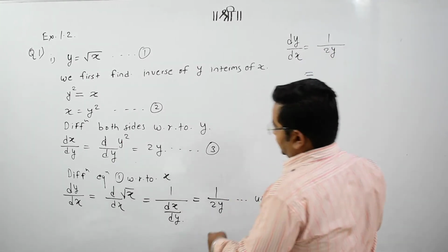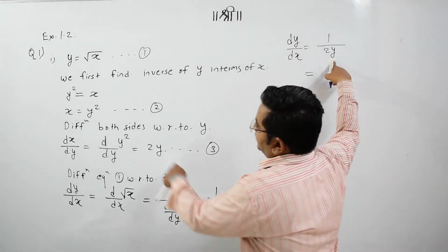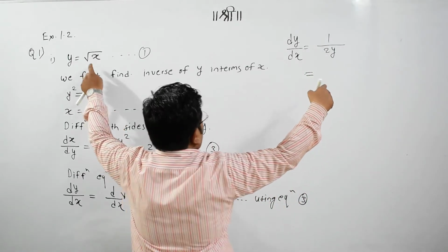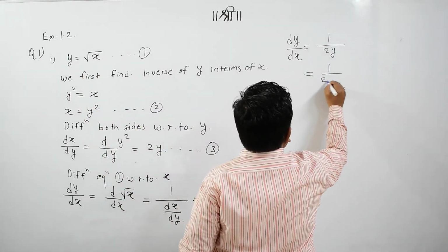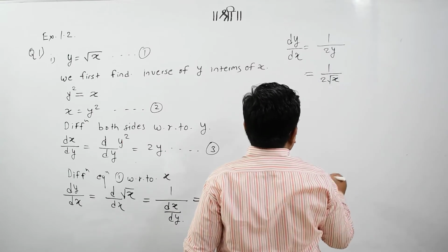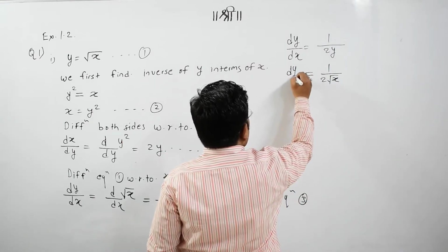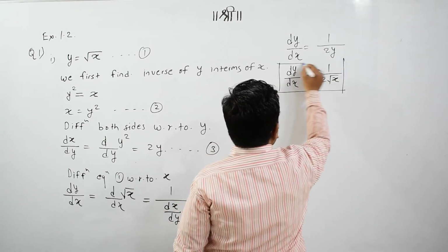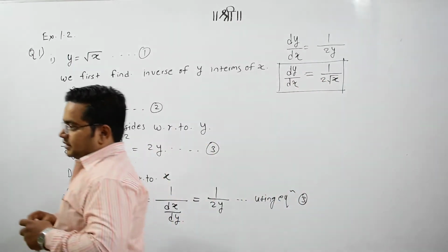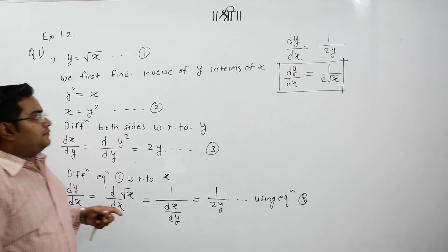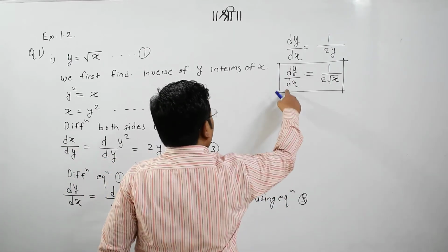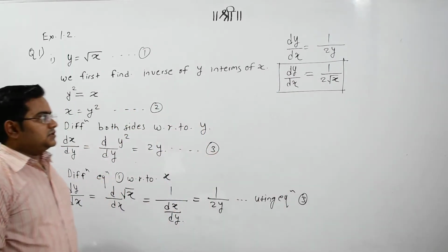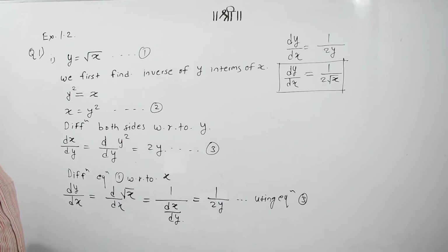The value of y is under root of x, so it is 1 upon 2 under root of x, which is true. We already had this value in the initial differentiation. So using dx upon dy, we can find dy upon dx, and that's how the inverse differentiation process works. Understood? So this problem was quite easy.